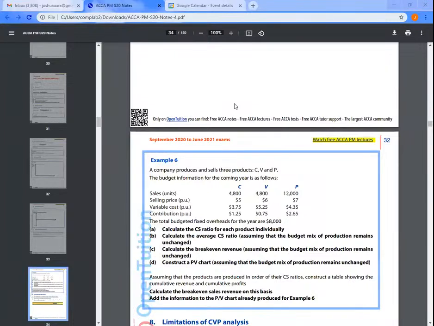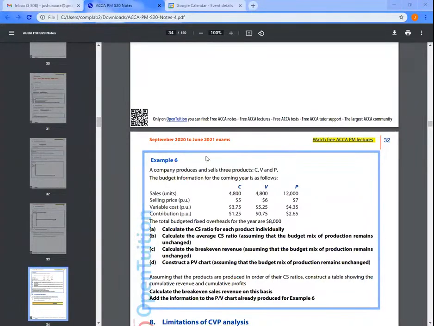So, ladies and gentlemen, fortunately, already we have the prices. The price of C is 5. The price of V is 6. The price of P is 7.